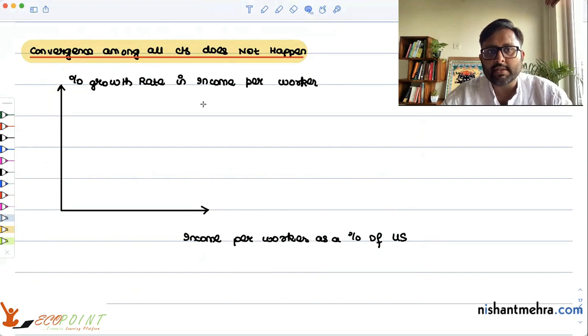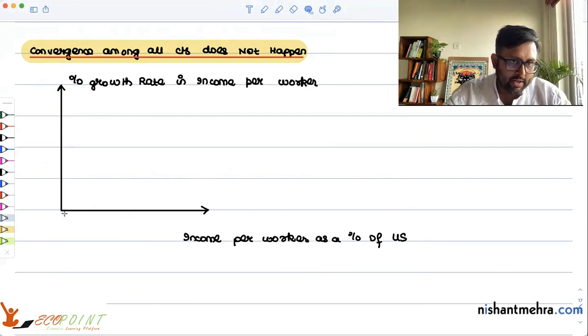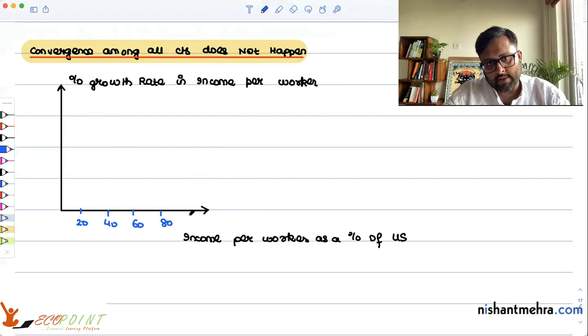So here you have the percentage growth rate in income per worker, and here you have income per worker, right? So now what I'm doing is this. Just see this. 20, 40, 80, 100, 120, and so on.